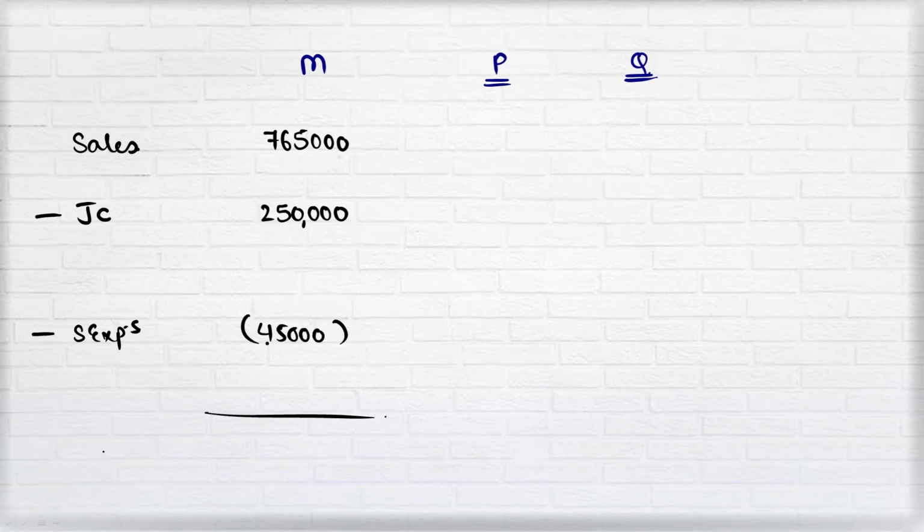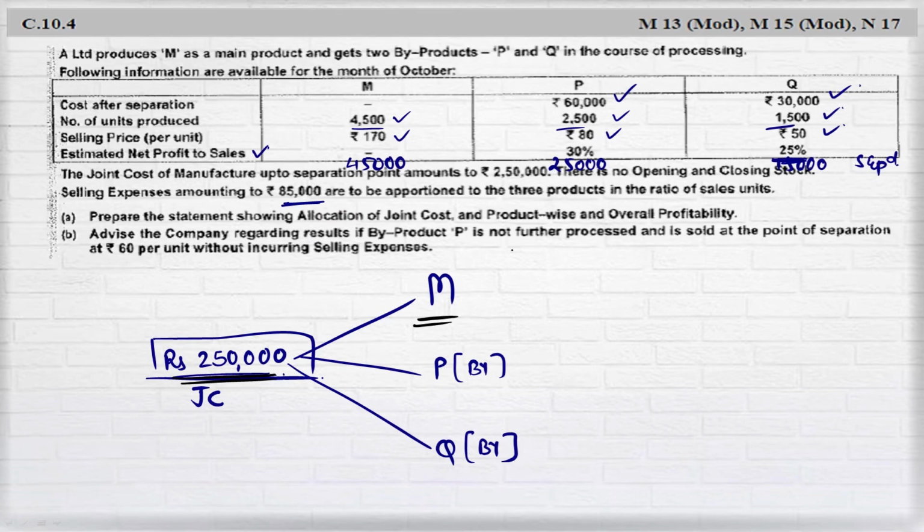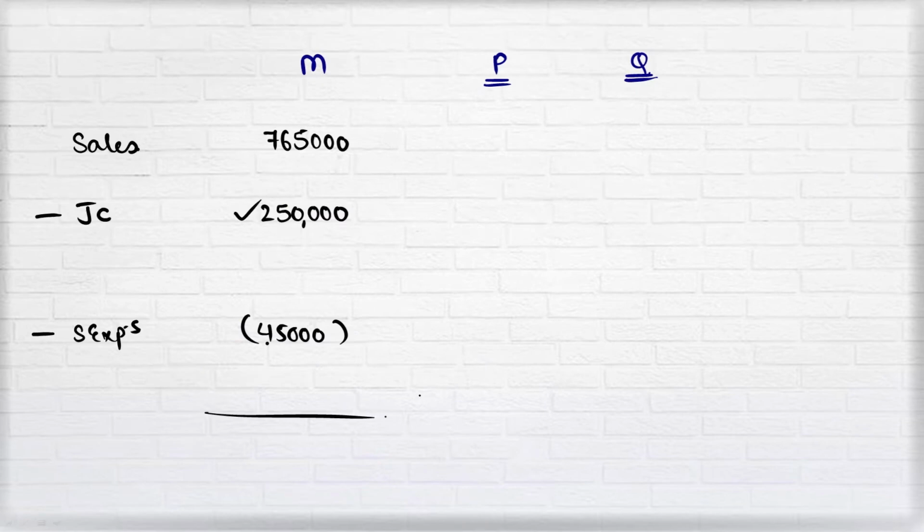Let us not do the total. Is only M manufactured or are P and Q also manufactured? P and Q are manufactured. Then P and Q should reduce this cost. By how much, I will tell you. What is the sales price of P and Q?